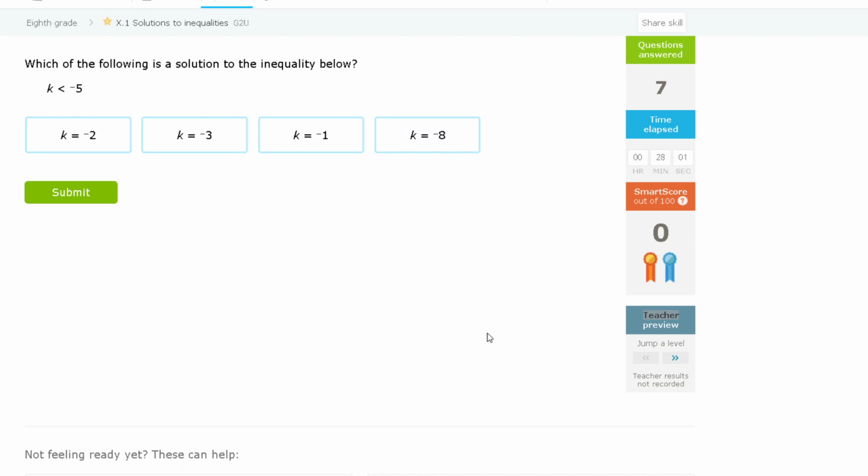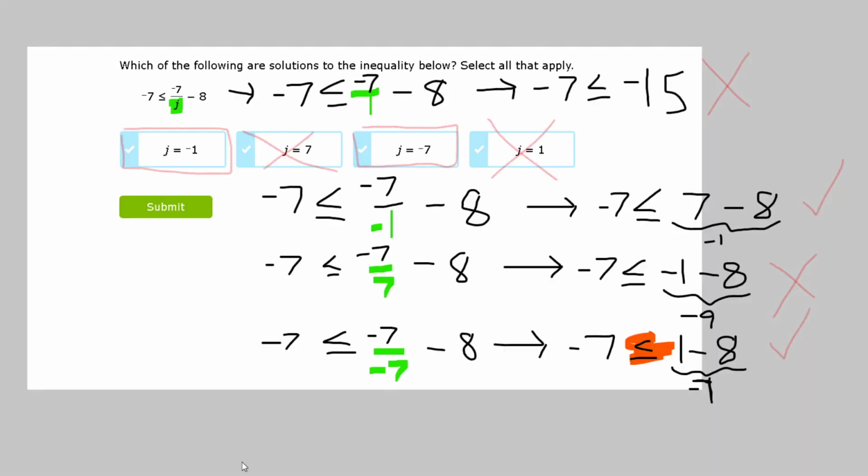So this week we're going to be working with inequalities. Inequalities are when we work with these little symbols here, and you can kind of think of them as the hungry alligator. Remember, the hungry alligator always wants to eat the bigger number.